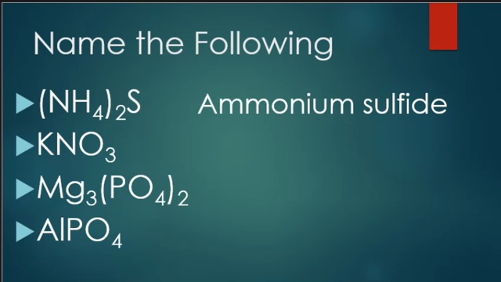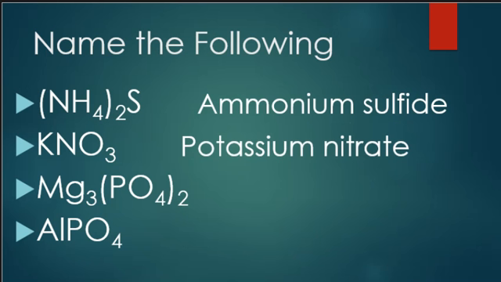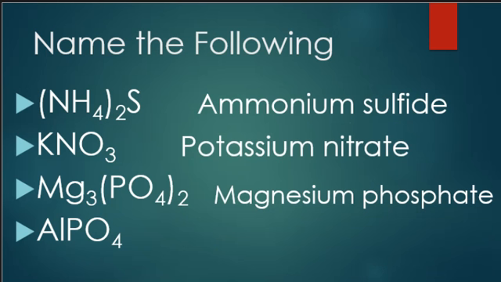Potassium what? Potassium, look at your chart. Nitrate. It is nitrate. I was looking at the wrong thing. Okay, potassium nitrate, good. Magnesium something. Ooh, yeah, we see where that 3 and that 2 both come from. Awesome. Magnesium phosphate. Isn't that Epsom salt? That might be Epsom salt you put in your bathtub.